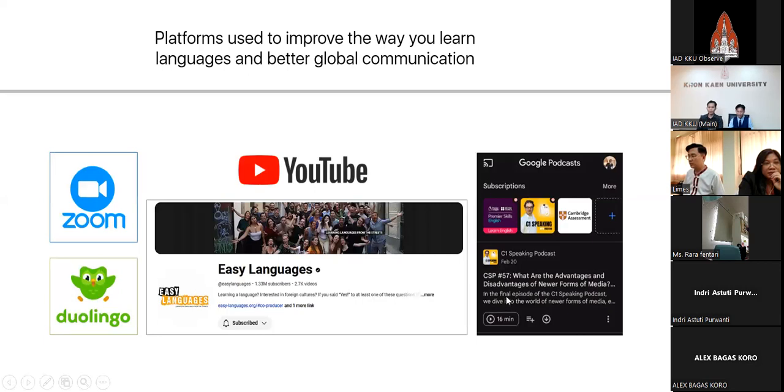Also, my favorite app is Google Podcast. I listen to something, and once I find a word I don't know, I search it, and it builds my sensitivity in terms of pronunciation. Being a speaking examiner, we need to be sensitive to the sound of individual words.